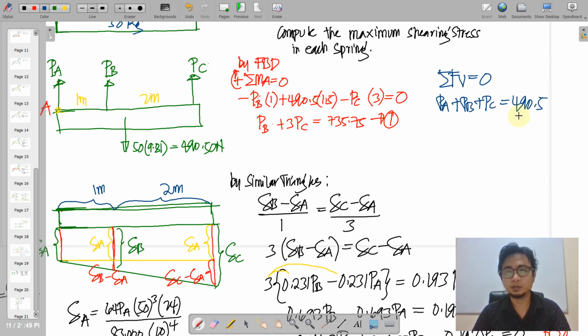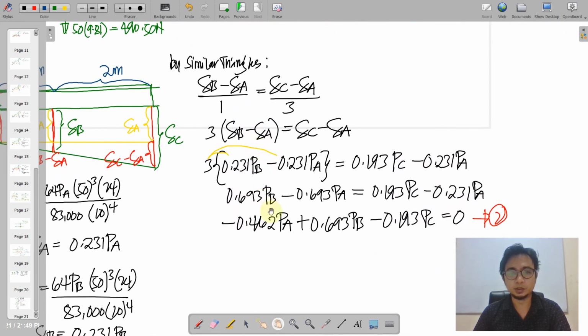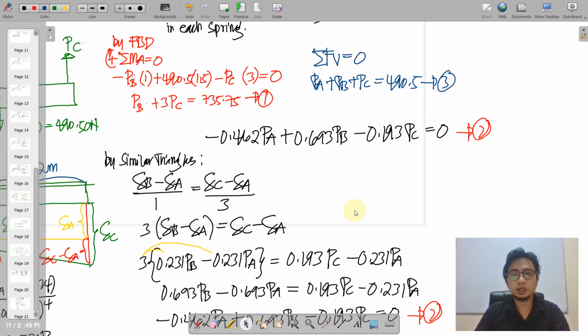So let this be our third equation. Perhaps we can leave our second equation here so that you can relate to it. So here we have three equations with three unknowns, all arranged accordingly.